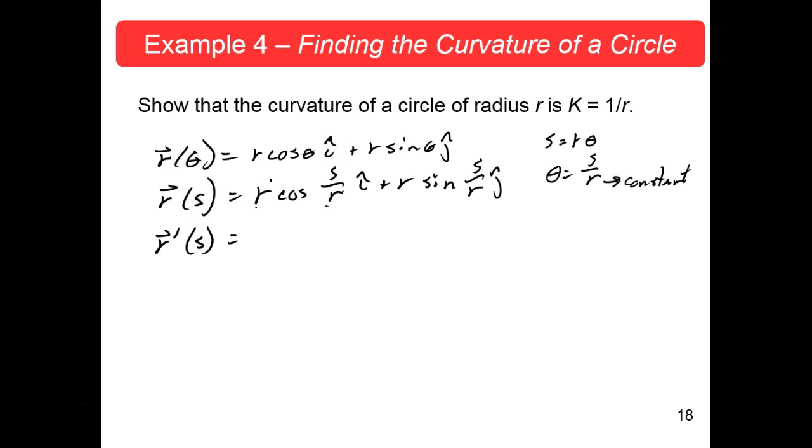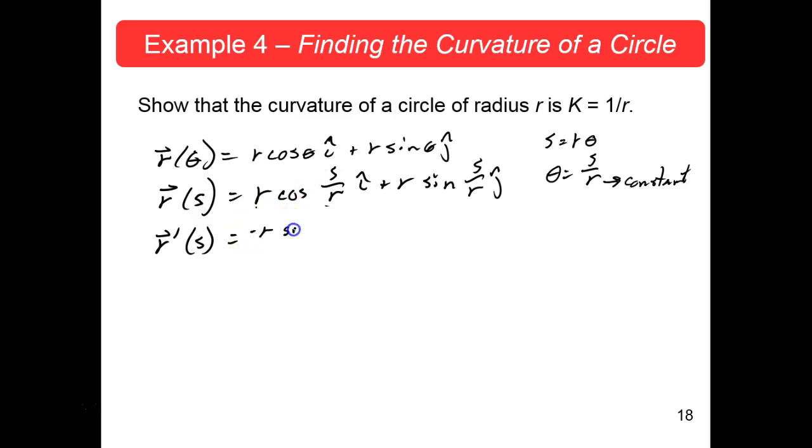Remember this, by the way. So what is the derivative of cosine with respect to s?